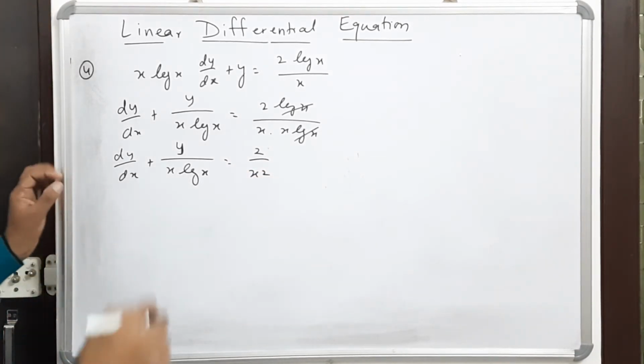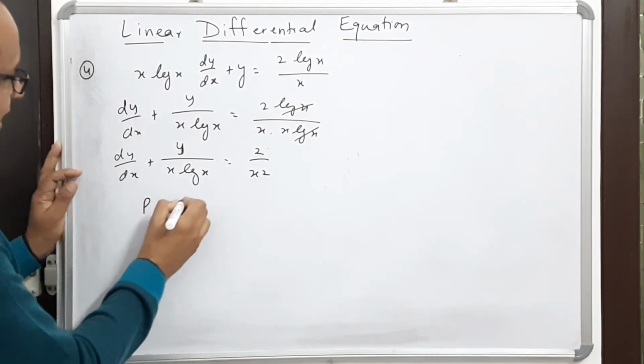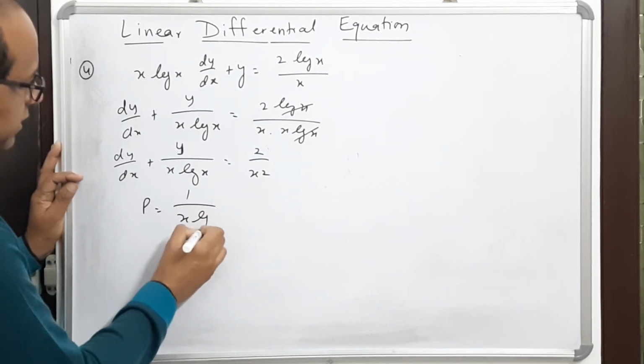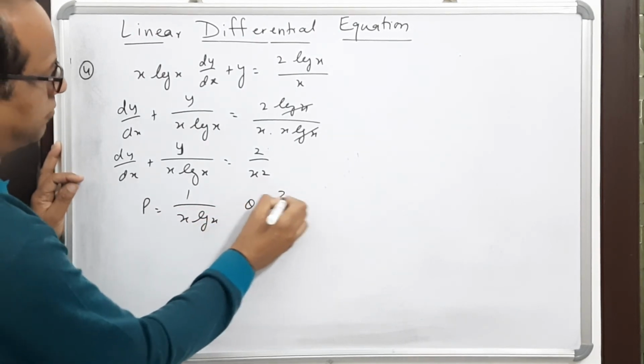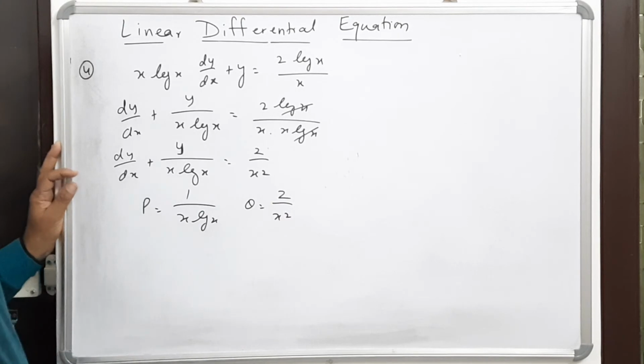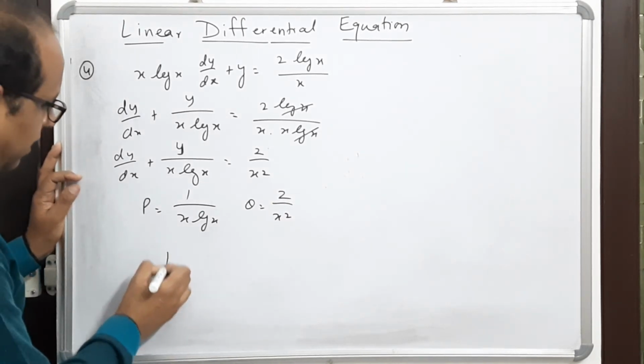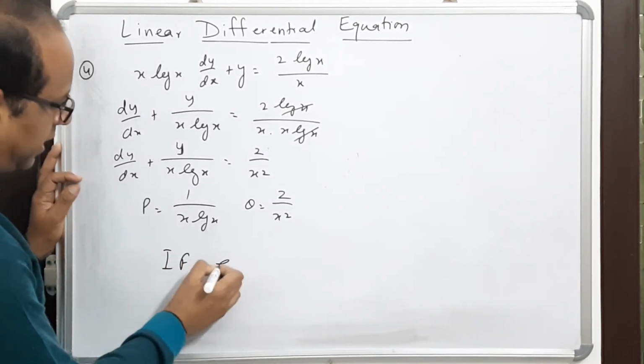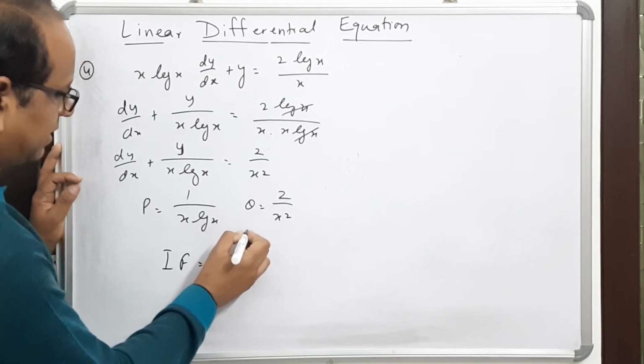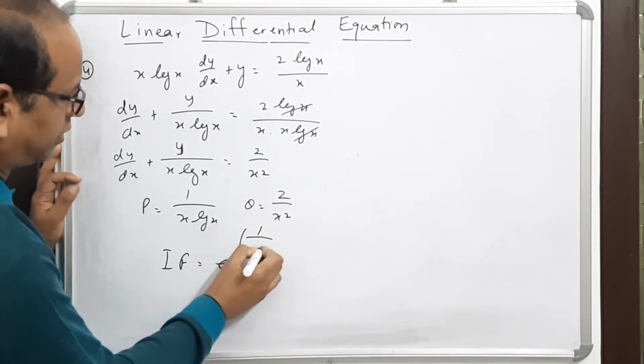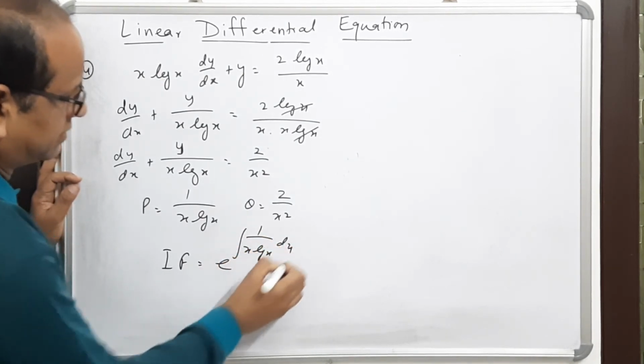So if you compare it, the value of P is 1 upon x log x and the value of Q is 2 upon x square. Now we calculate IF. IF is e power integration of 1 upon x log x dx.